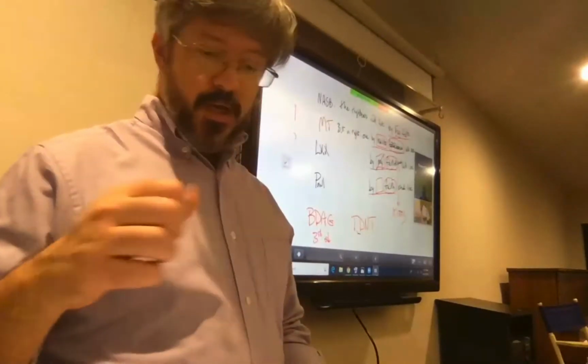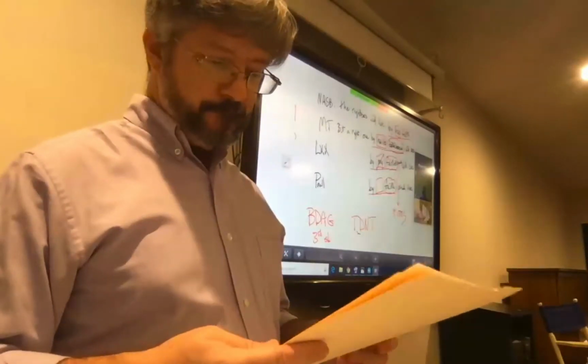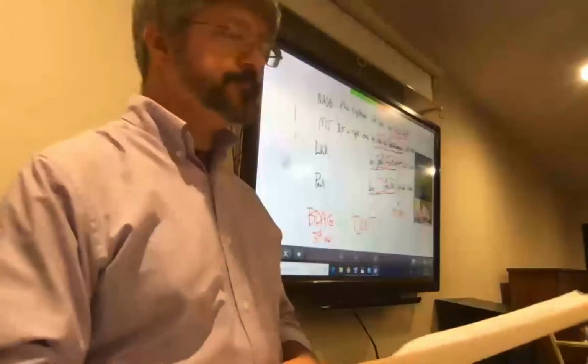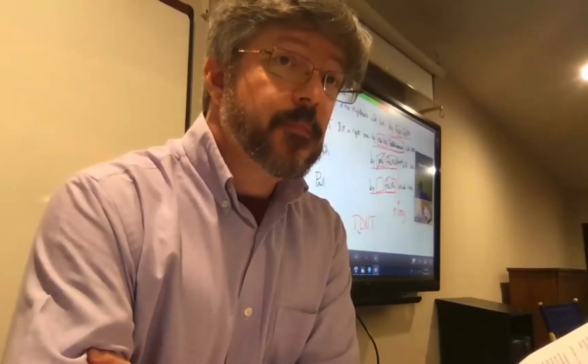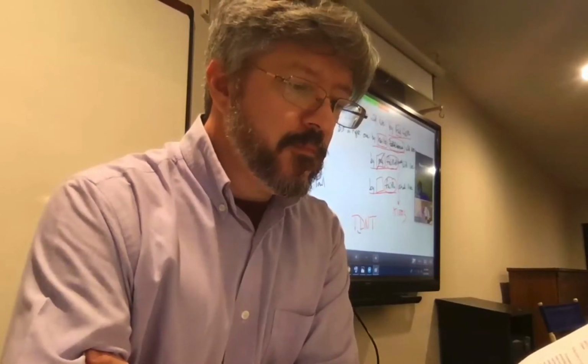Okay? Now, if you look on page 75 of the Hayes article, the second to last line. For Christ is the telos of the law, the righteousness to everyone who believes.